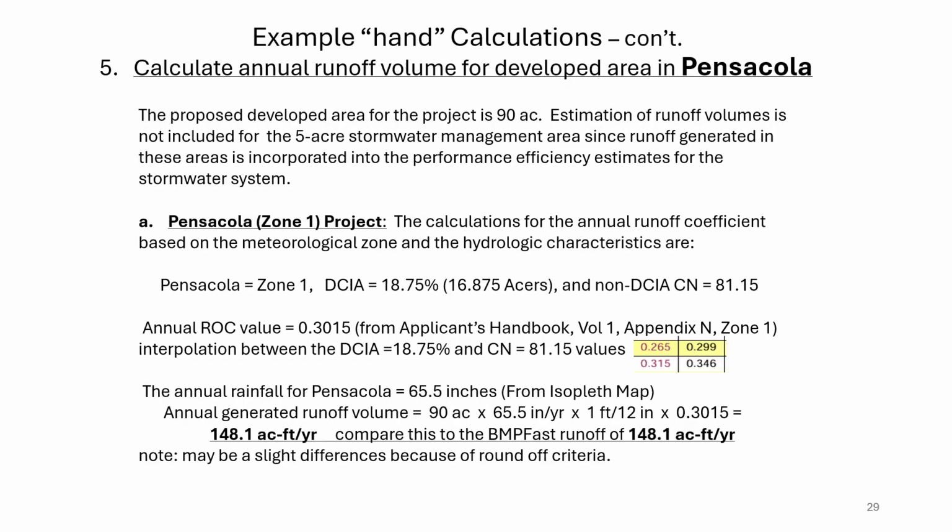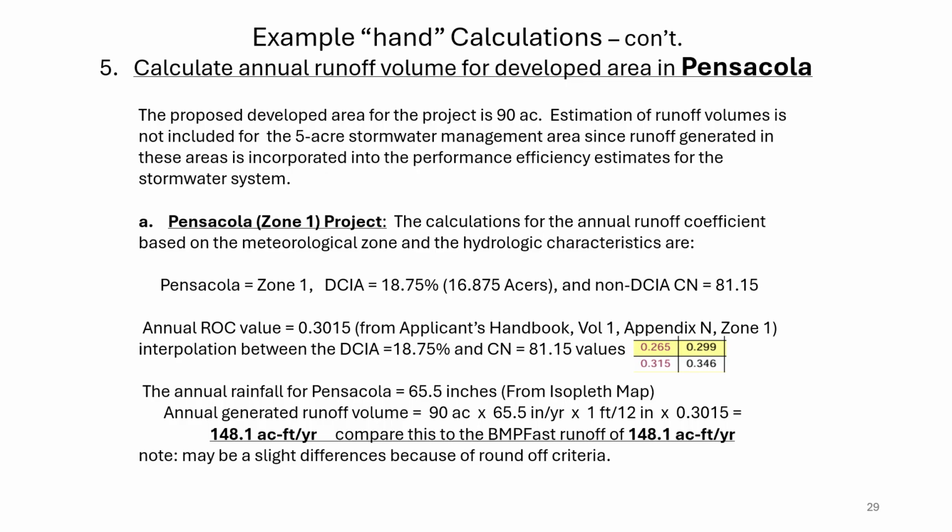this presentation. Here, we continue our example calculations, focusing on how to determine the annual runoff volume for a developed area in Pensacola. The project site is 90 acres, and it's important to note that we're excluding the 5-acre stormwater management area from this calculation, as its runoff is already factored into the performance efficiency of the stormwater system itself.